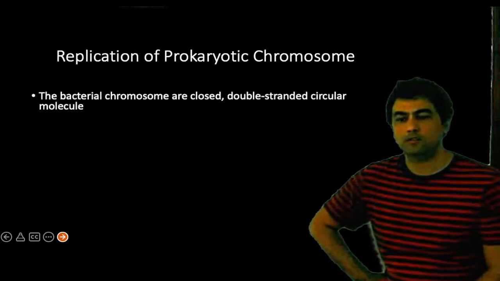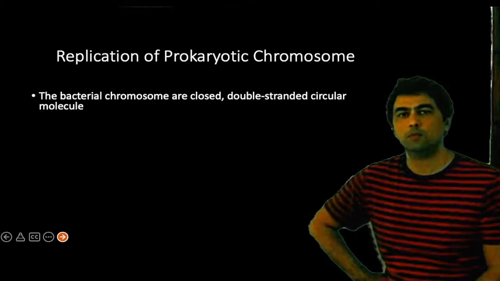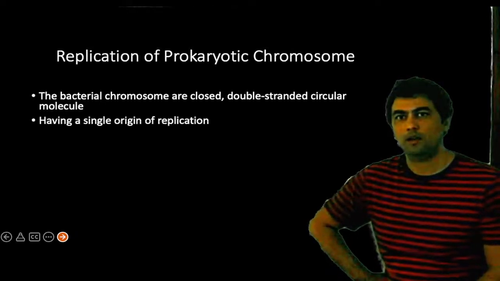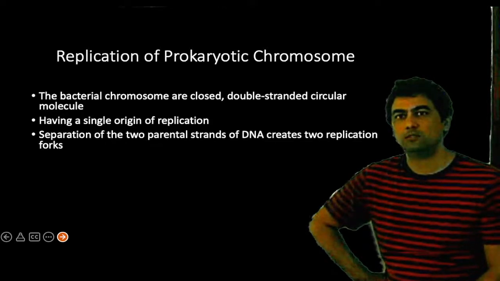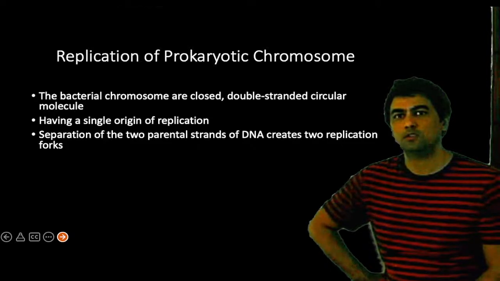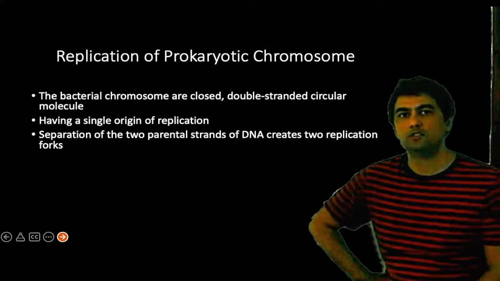The bacterial chromosomes are closed, double-stranded circular molecules having a single origin of replication. Separation of the two parental strands of DNA creates two replication forks.